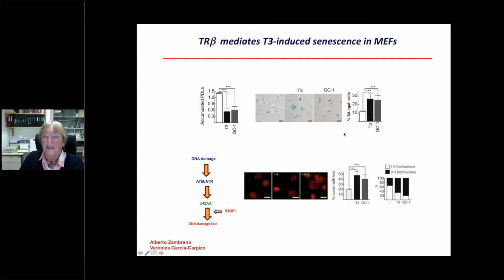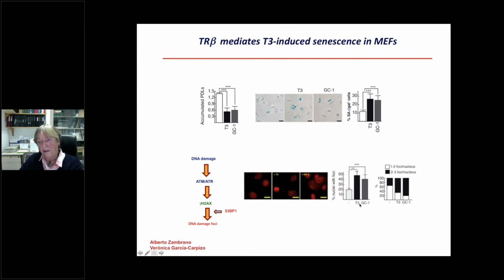And this increase in cellular senescence was also accompanied by an increase in the formation of DNA damage foci that were identified by the co-expression of 53BP1 and the phosphorylated form of the histone H2AX, which are markers of double DNA strand breaks.